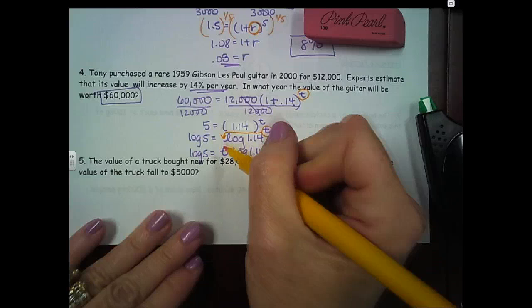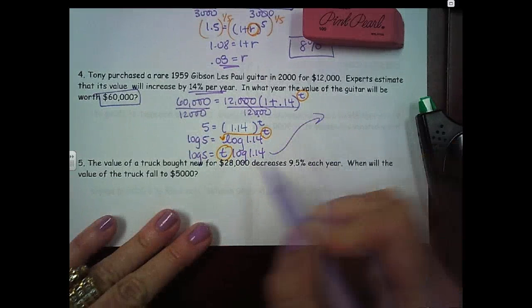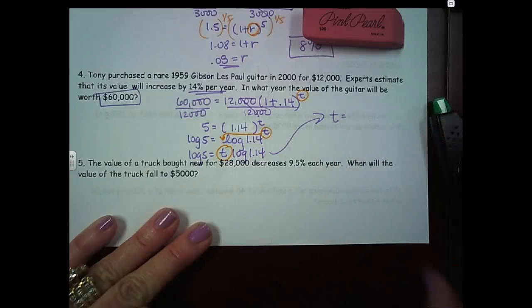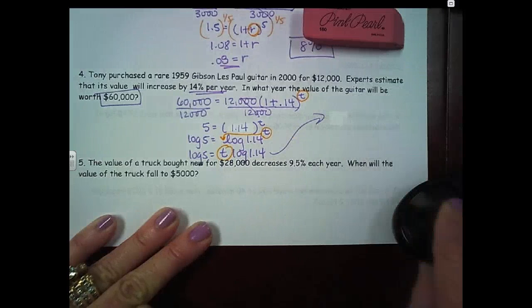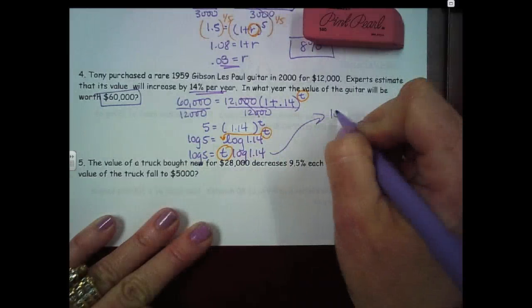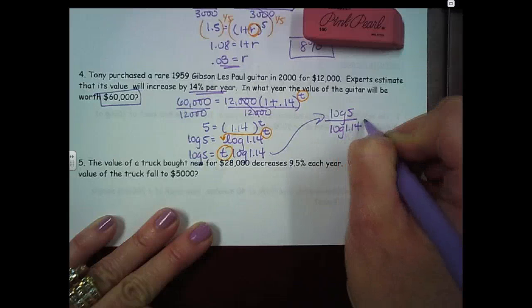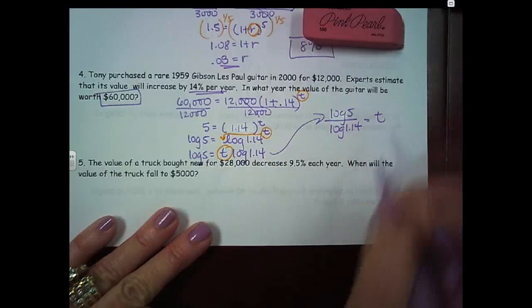So if I'm trying to solve for t, and I ran out of room, so I'm going to bring it up over here, t now equals log 5 divided by log 1.14 equals your time.